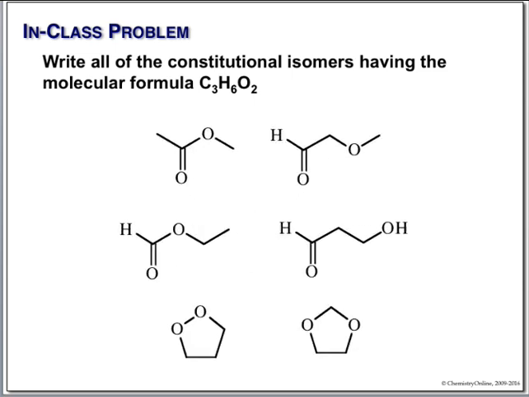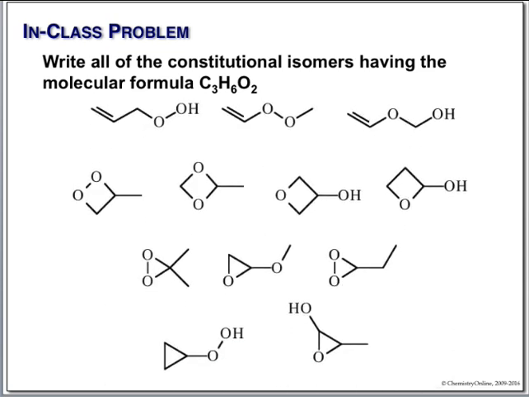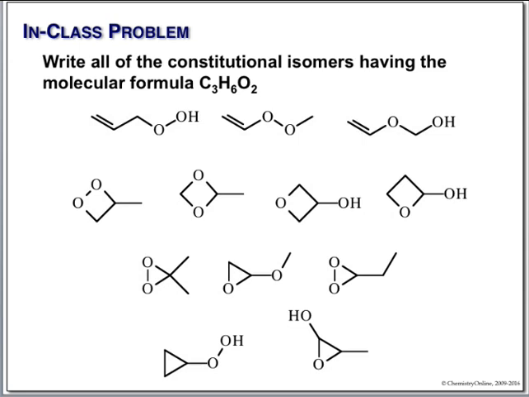All right. How about these guys? C, 1, 2, 3, 4, 5, 6 hydrogens, and 2 oxygens. Same thing with all these. But just to show you how interesting organic chemistry can become, these are also isomers of the same structure.